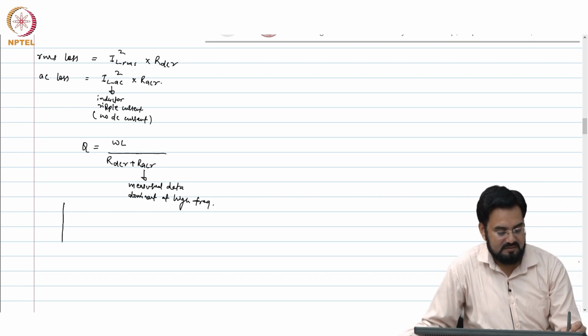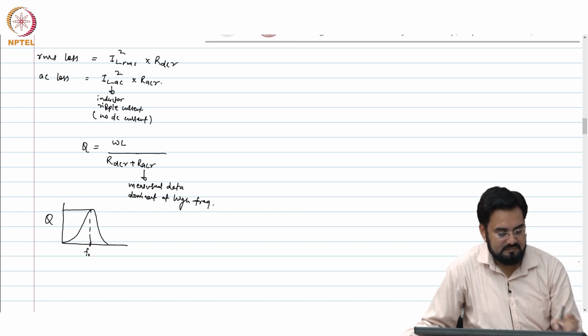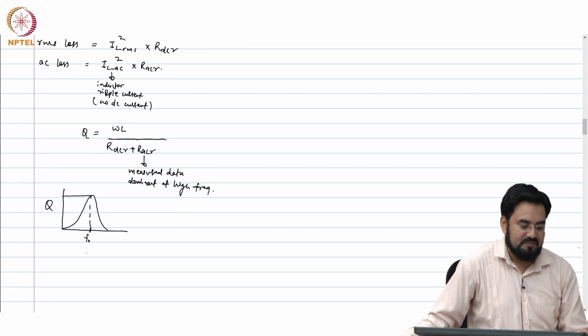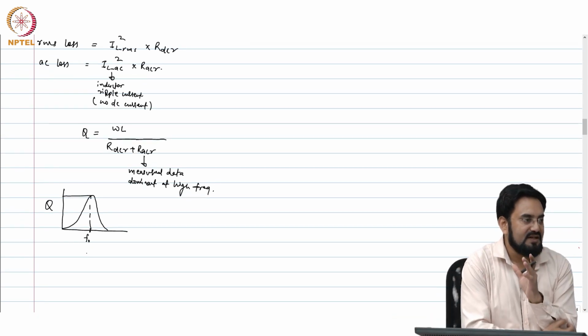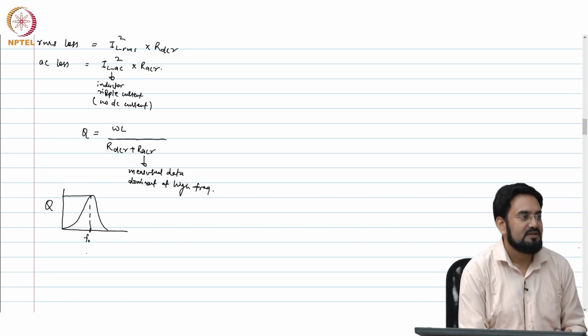Okay. So, it may look like a band pass filter Q. Okay. So, wherever you have the Q of the inductor peaking, you choose the switching frequency according to that. Okay.